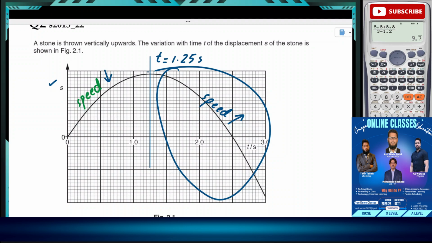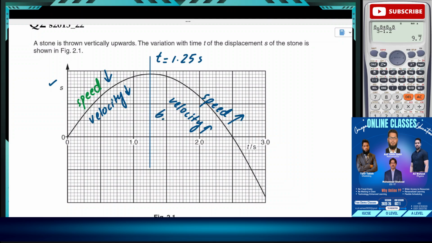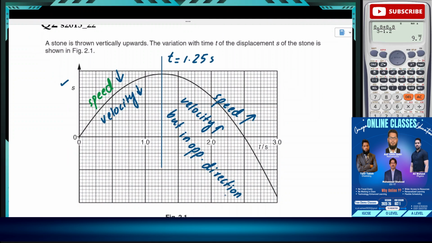If the question were about the velocity, you say it this way: velocity decreases, and here velocity increases but in the opposite direction. This is how it should have been said properly.